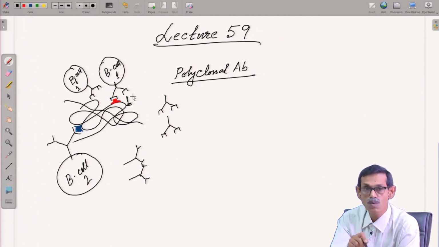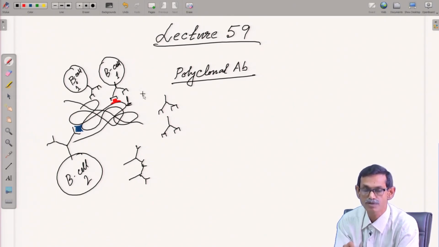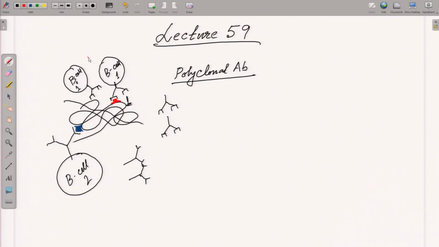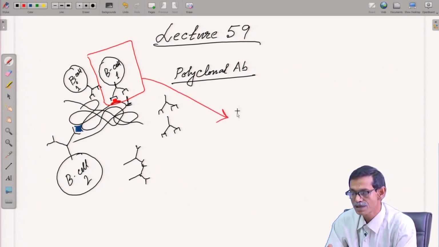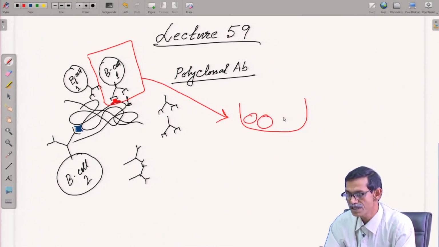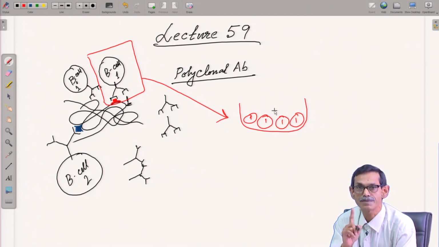Now, suppose there are 4 such or 3 such B cells which are producing antibody against epitope number 1. If by any technique we can identify and separate one of them, and grow them in a culture or somewhere where all the B cells are of the same type, say all are 1, then it will produce only one type of antibody.